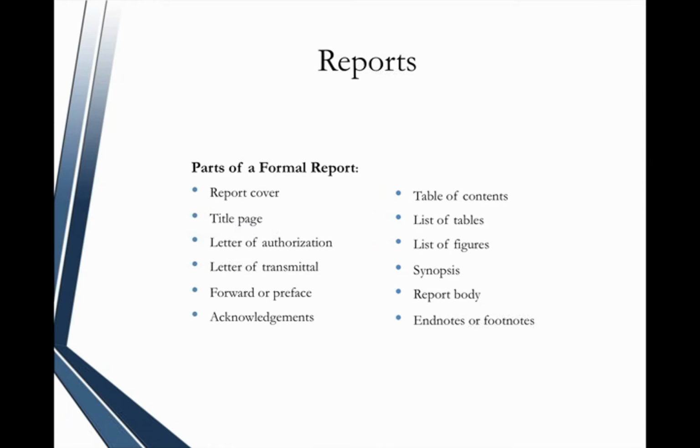The parts of a formal report can include a report cover, the title page, letter of authorization, letter of transmittal, forward or preface, acknowledgments, table of contents, list of tables, list of figures, synopsis, report body, and also endnotes or footnotes. If you search the internet for a specific type of report, examples can come up that will be a great idea to start with.